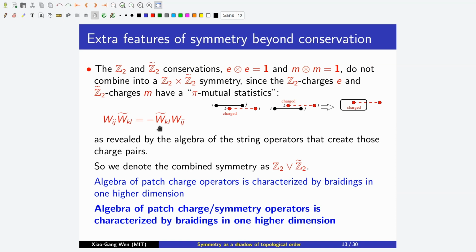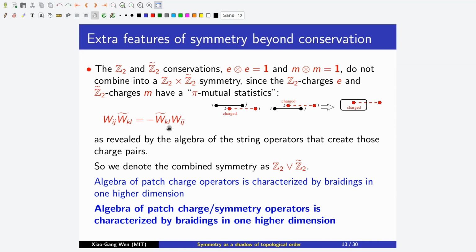What we call anomaly really refers to this feature beyond the conservation law. But how to systematically describe this feature in a unified fashion is really the motivation for categorical symmetry. This categorical symmetry really is an attempt to describe this in a unified, simple way. I think now we have too many anomalies. Things became very confusing.